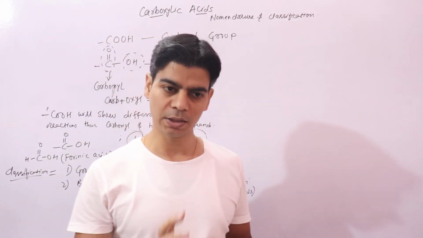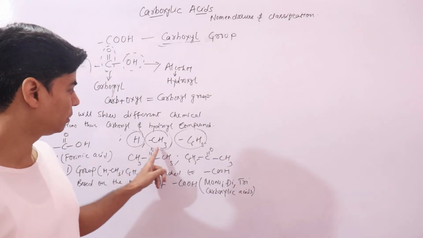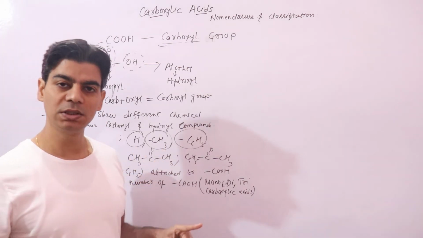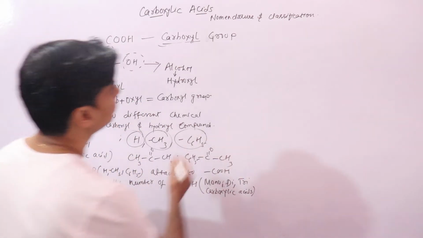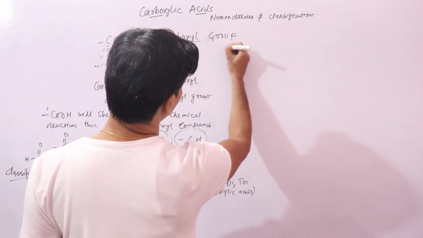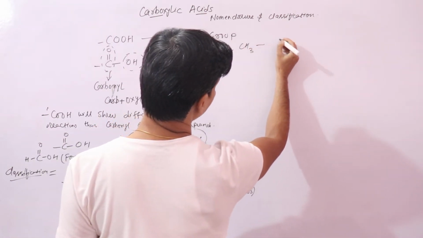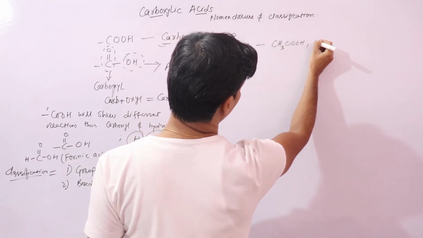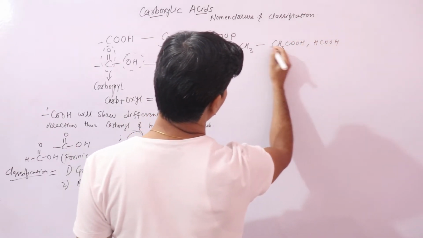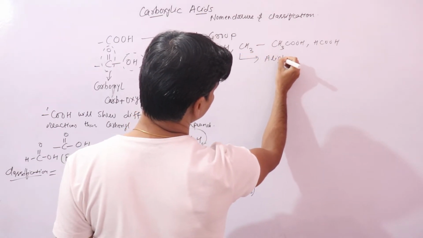First we'll look at what group is attached. Suppose we have hydrogen or methyl group attached, we call these acids aliphatic carboxylic acids. So if hydrogen or methyl is attached, what we have is these acids, CH3COOH or formic acid. These are aliphatic carboxylic acids.